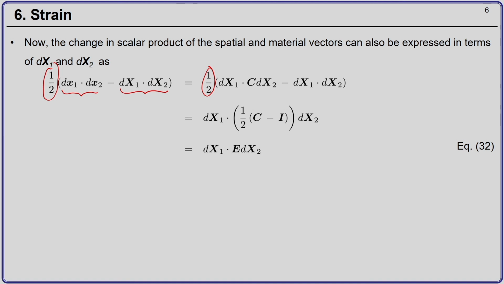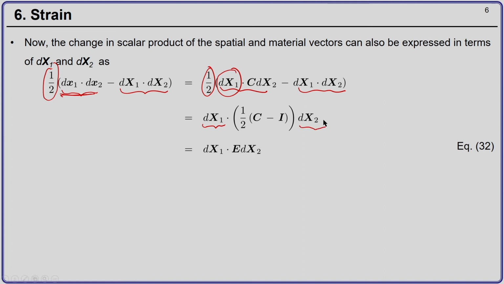So, dx1 dot dx2 was, so the first term was dx1 dot C dx2 minus dX1 dot dX2. Now, I can take dX1 out of the bracket from the left hand side, and I can take out dX2 outside the bracket from the right hand side.